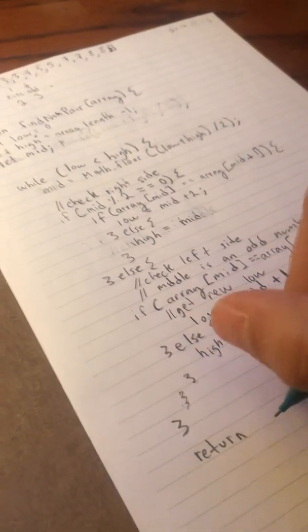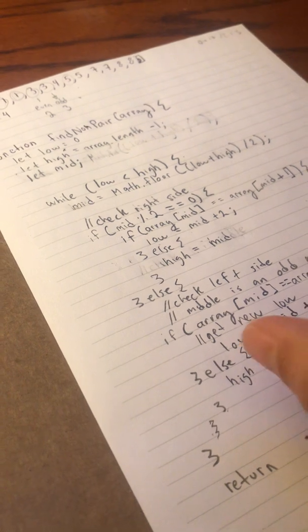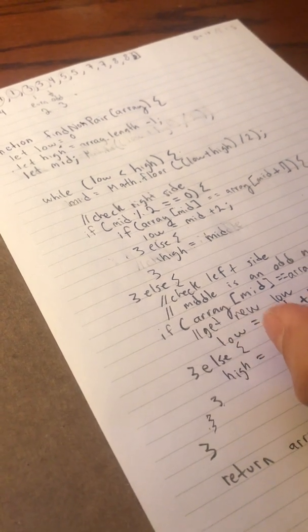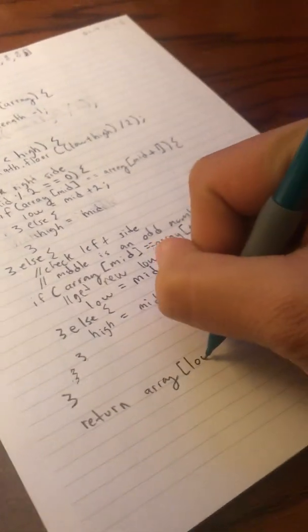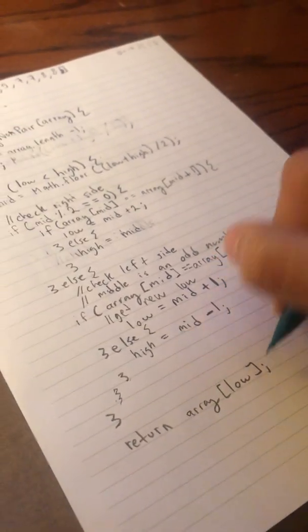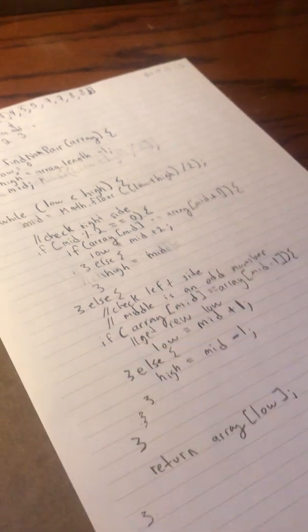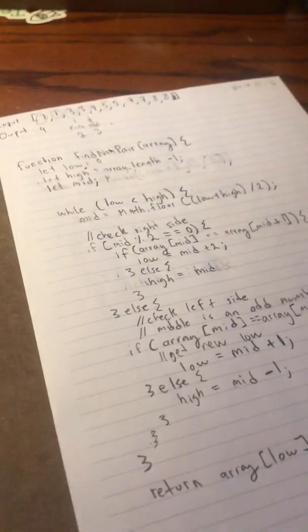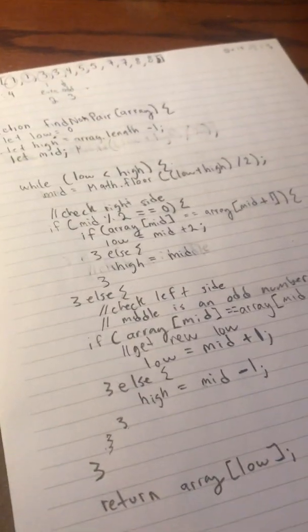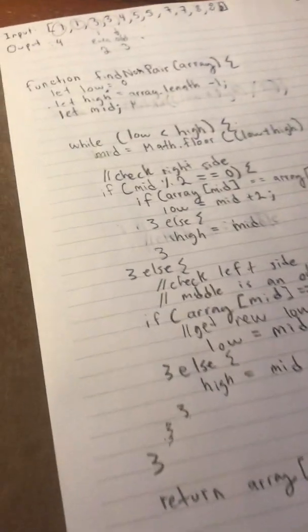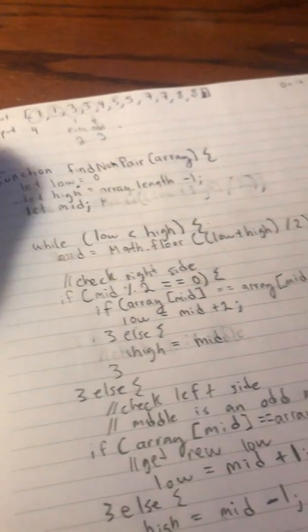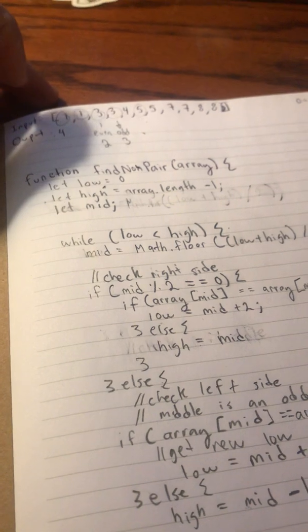So we're going to return our array low, and that would be it. That would be big O of log n complexity, because again we are always dividing our problem by half.